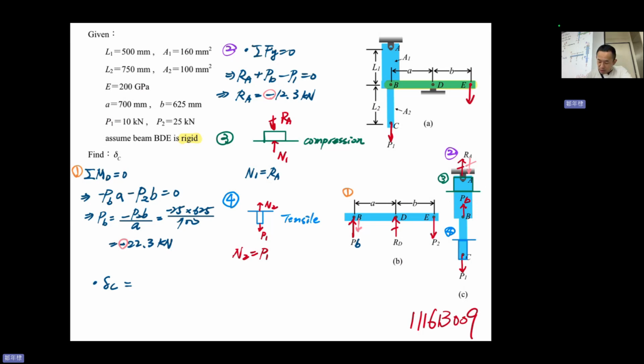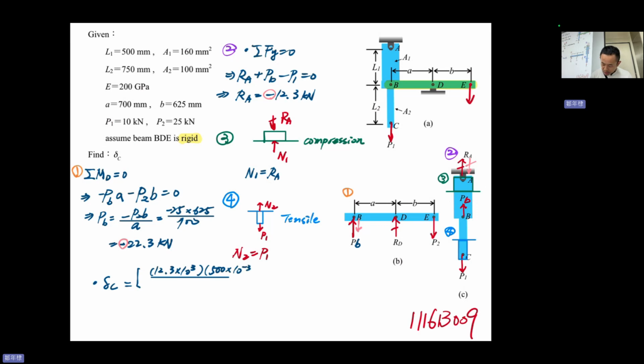Now we continue. Delta C equals, 2.3 times 10 to the 3 times 500 times 10 to the minus 3.